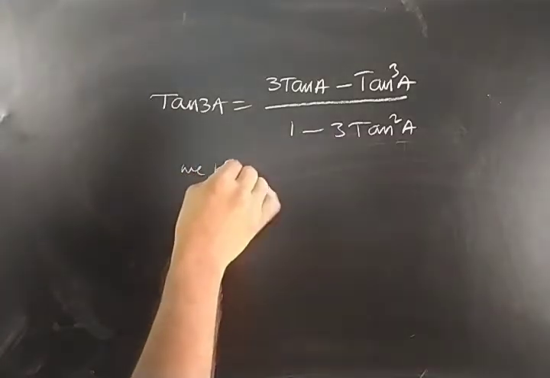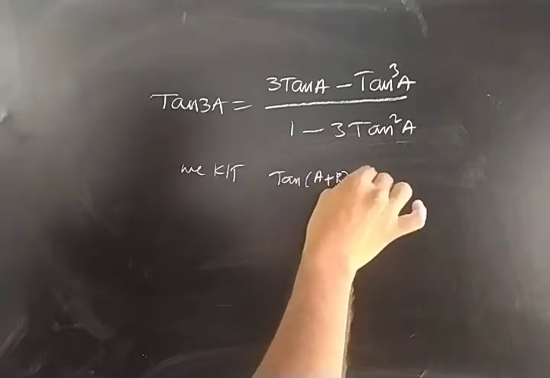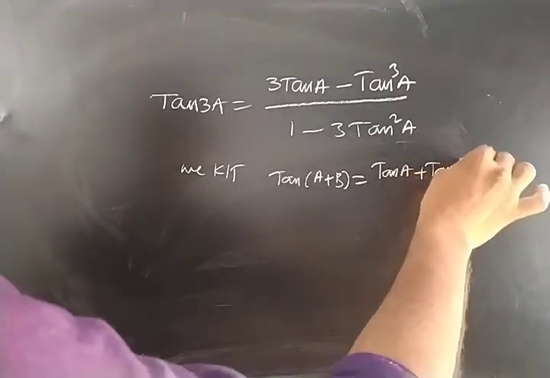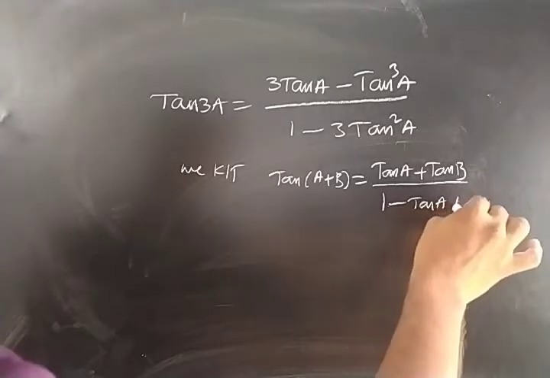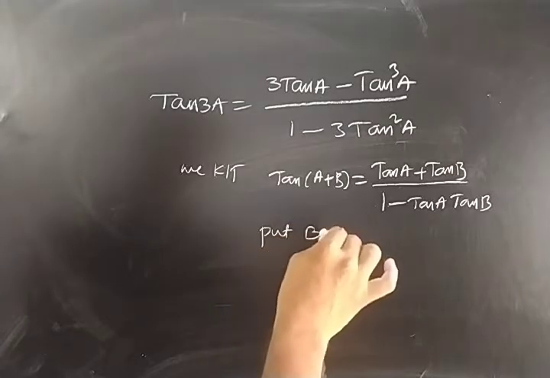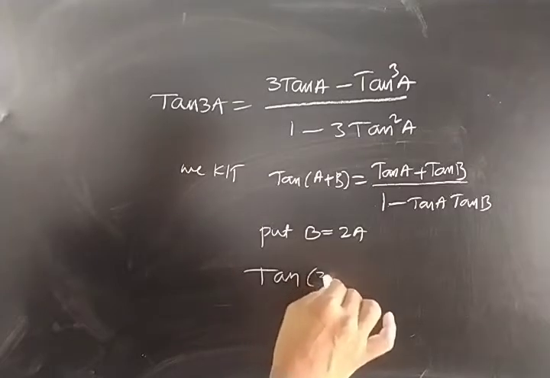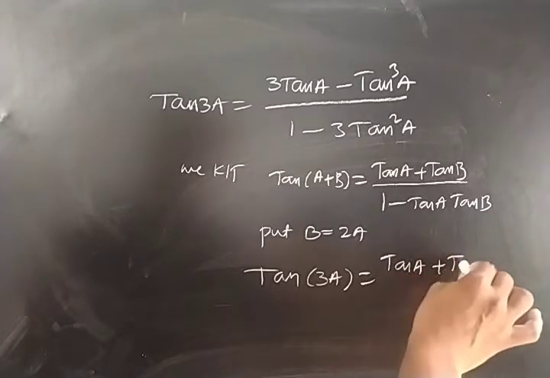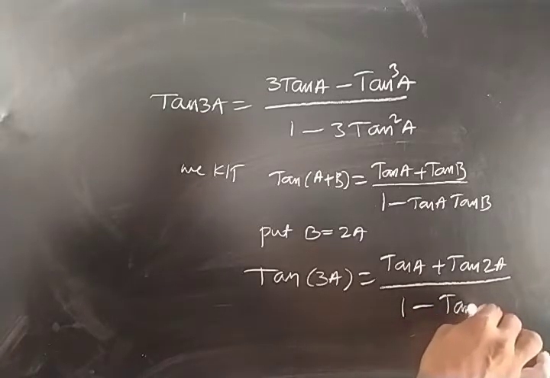Again we know the tan a plus b formula: tan a plus b equal to tan a plus tan b by 1 minus tan a tan b. So put b equal to 2a. Then the left hand side becomes tan 3a, and the right hand side is tan a plus tan 2a by 1 minus tan a into tan 2a.